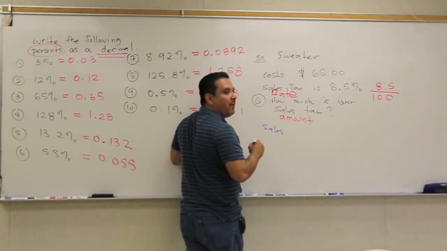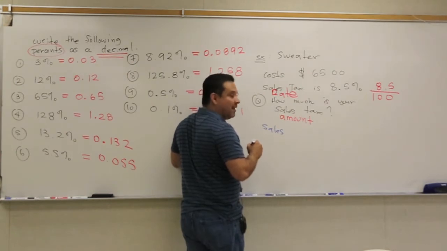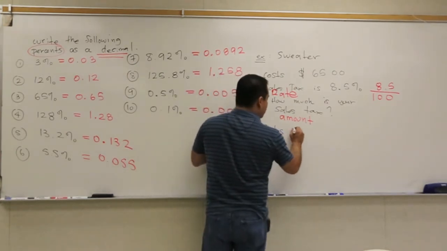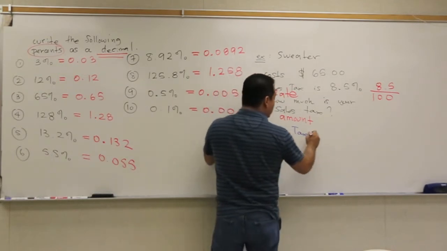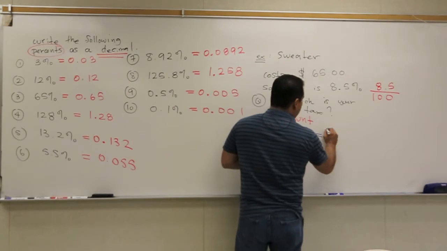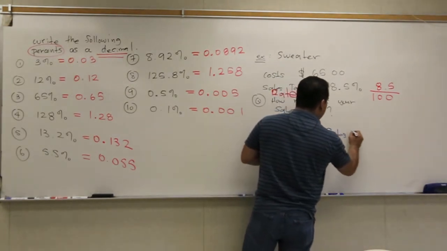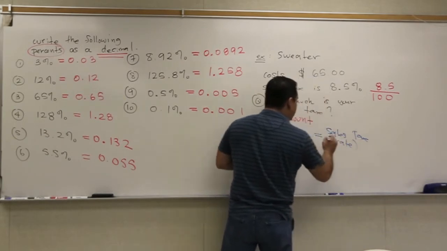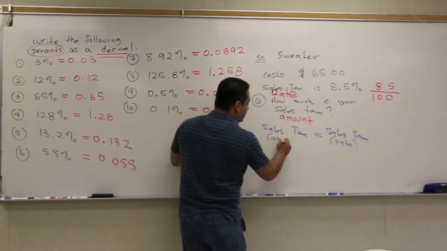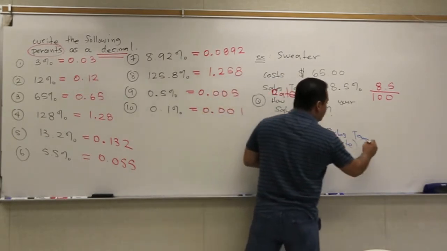You're going to go buy an Xbox, or wherever. Don't you have to pay sales tax? All right, so you guys want to know how to do this? Sales tax, the amount, is going to equal the sales tax rate, times what?